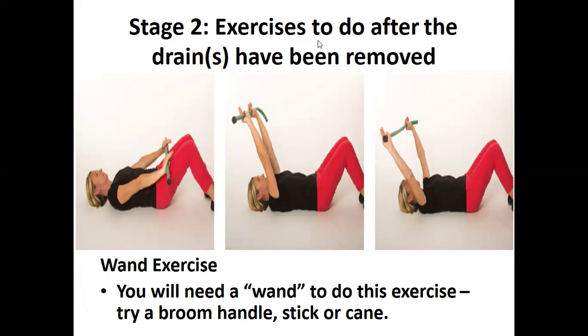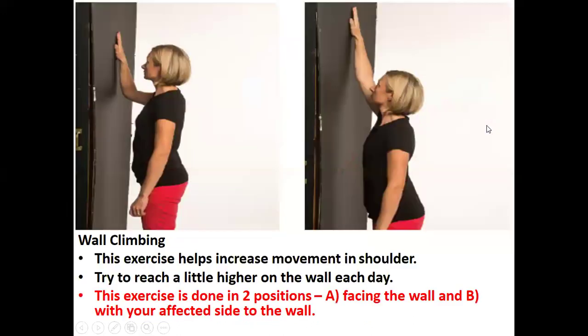You progress to stage 2, exercises to do after the drains have been removed. You can give the patient a wand so that they do these exercises as seen here in what is known as a wand exercise. A broomstick, a stick, and do these exercises so that they are able to mobilize the shoulder.